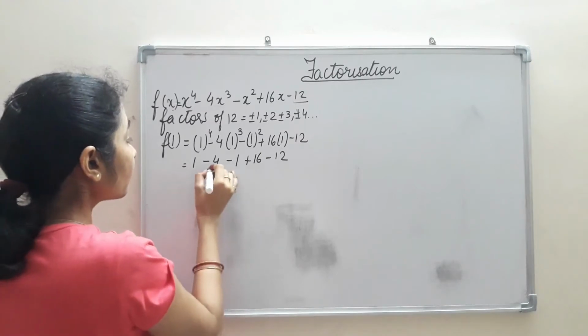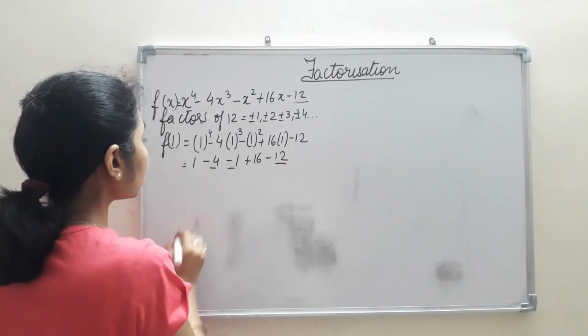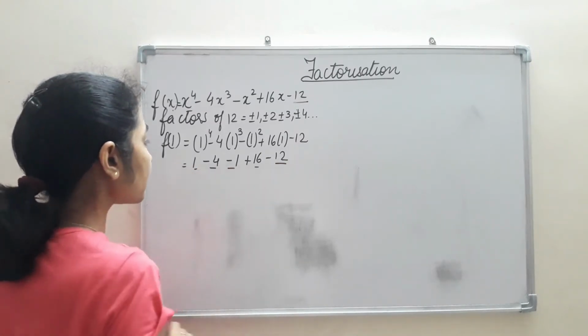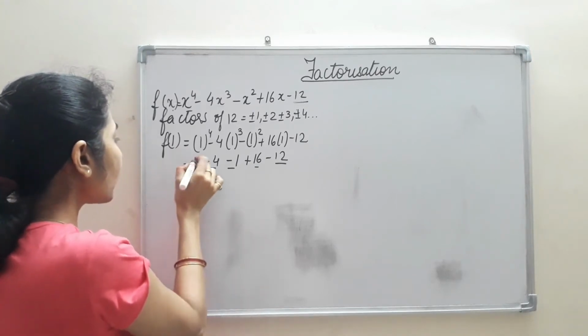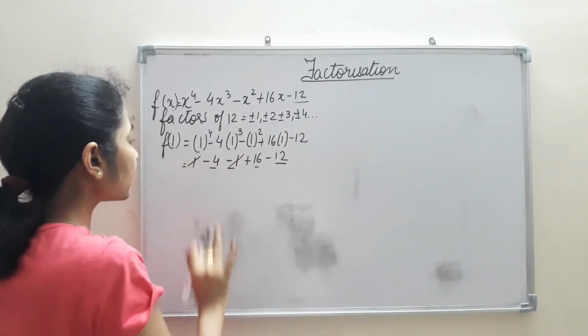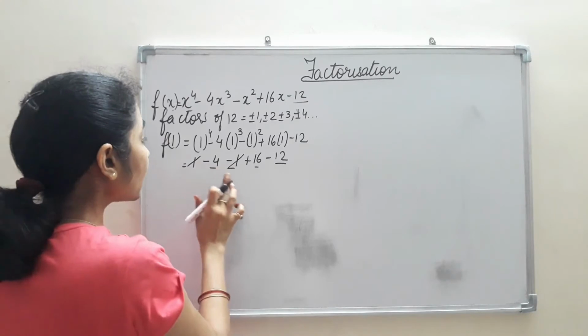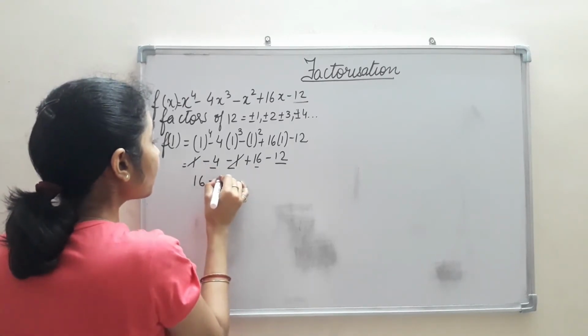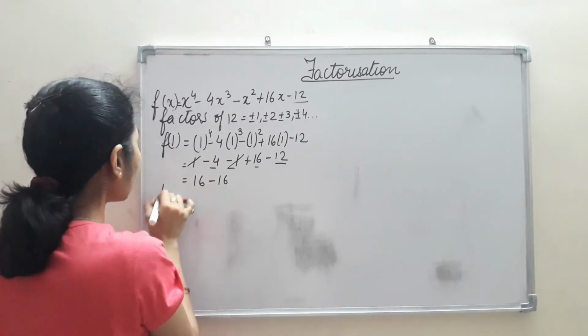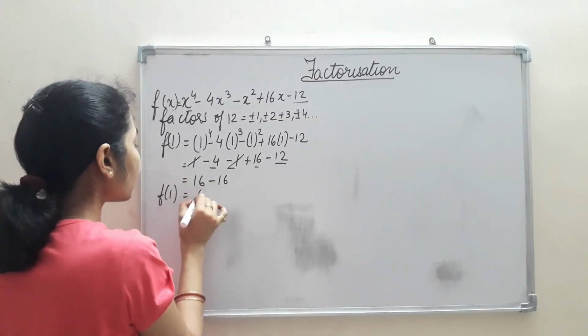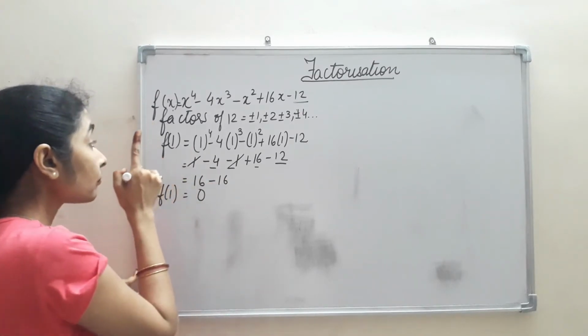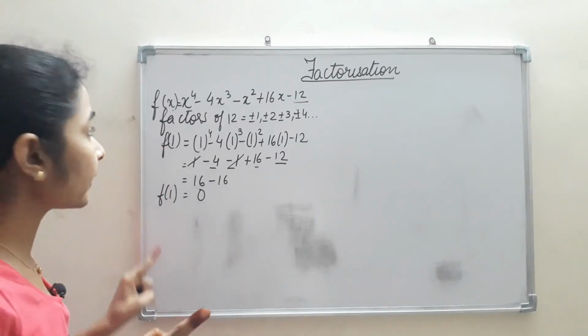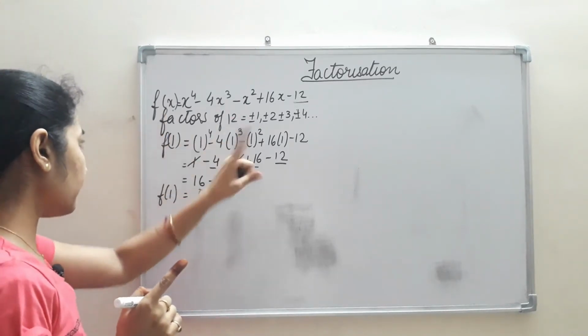Now these three are negative terms and these two are positive terms. Now these positive and negative cancel here itself. Now here we are having positive 16, minus 4 and minus 12 gives me minus 16. So we have got f(1) is equal to 0. So we have got that x minus 1 is a factor of this given polynomial.